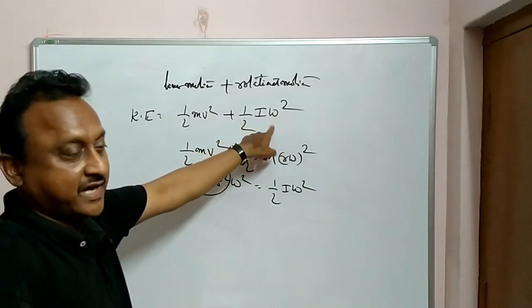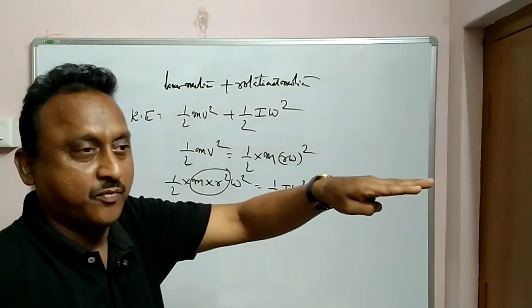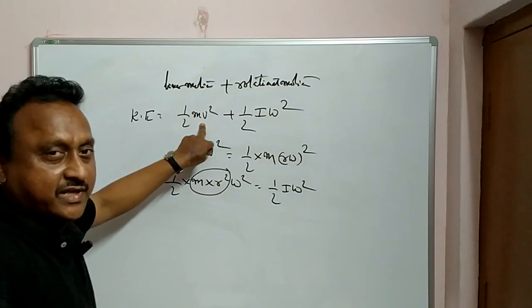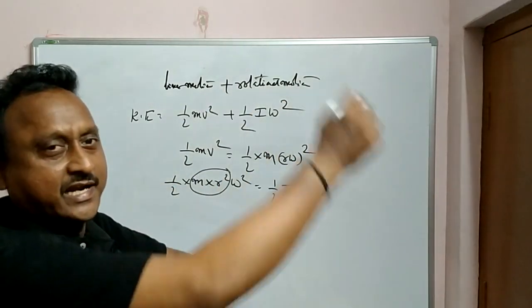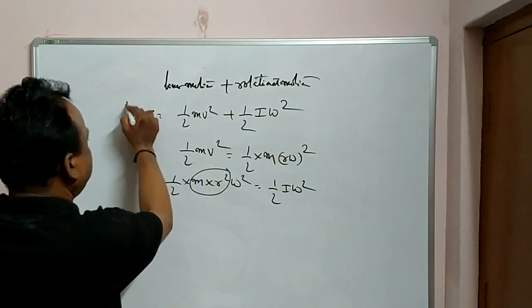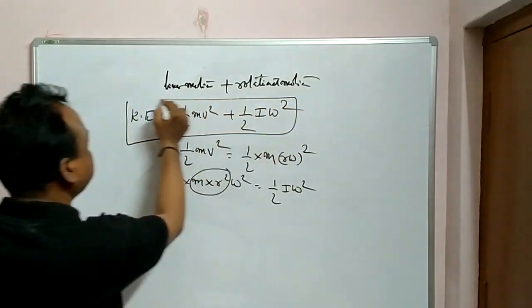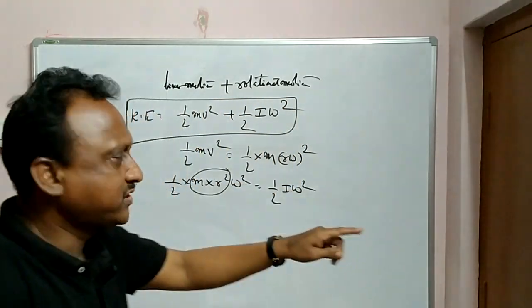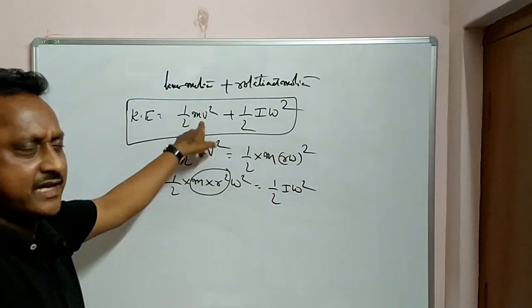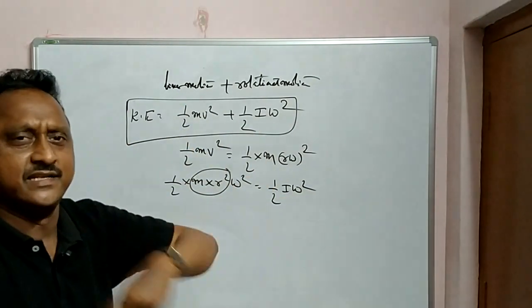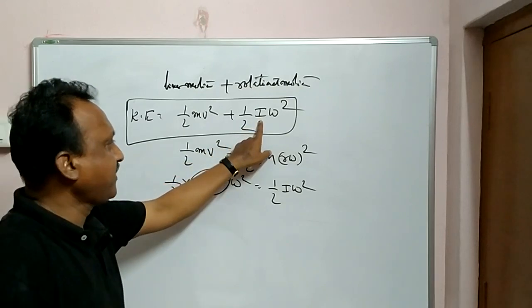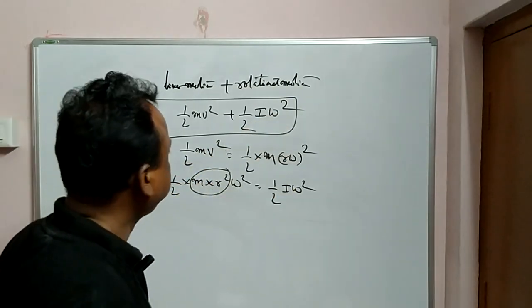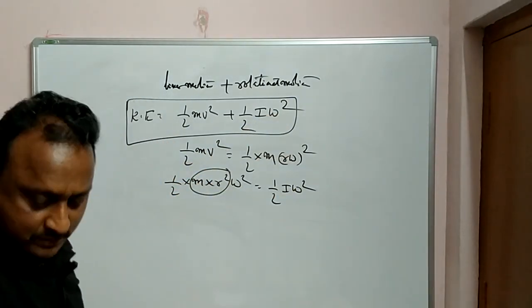Half I omega square. సో ఒక బాడీ లీనియర్ మోషన్ ఉన్నప్పుడు linear kinetic energy ఉంటుంది half m v square, అలాగే rotational kinetic energy ఉంటుంది half I omega square. This is very very again important in numericals. When body is going in linear motion, it will have linear kinetic energy and also rotational kinetic energy, half I omega square. This is moment of inertia, this is angular velocity. Clear?